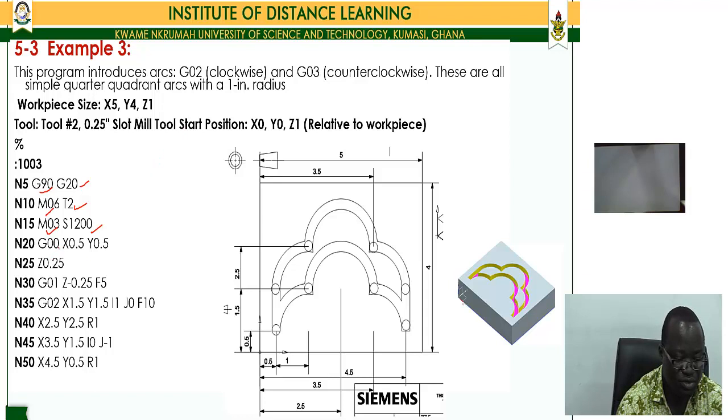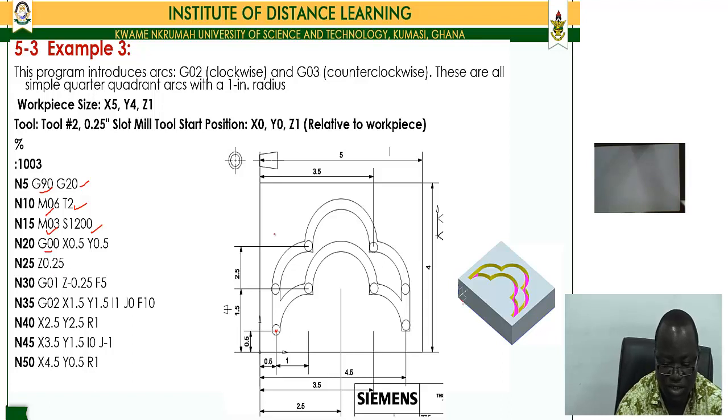We turn the spindle on at the speed of 1200 RPM. We give a rapid movement to position the tool at this position, which is X.5, Y.5 here.